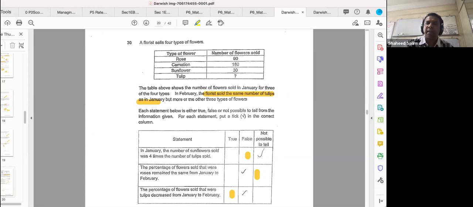Okay, there's a mistake in this question. Never mind. Down here, what is this? I do not know, but more of the other. I think more of the other 3 types. Okay, never mind. We cancel this.